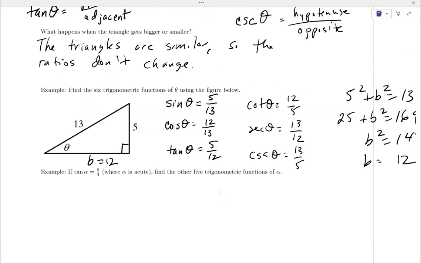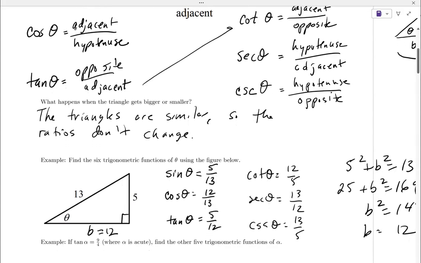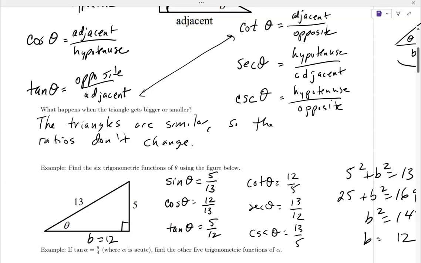We can notice that just from looking at the way those two things are defined. It's literally just flipped upside down, isn't it? Do you see any other reciprocal relationships? Yeah, secant and cosine are reciprocals of each other. Sine and cosecant are reciprocals of each other.